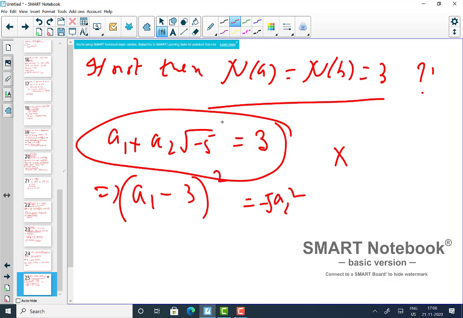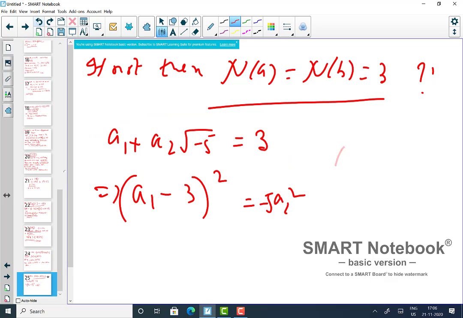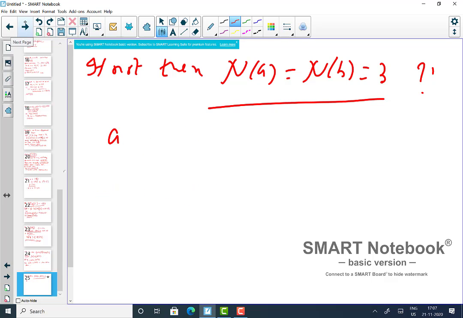So there is no element of this norm. Clear? Yeah, sorry, I made a mistake. So the norm of a is a1 square plus 5 a2 square, that is equal to 3. Yeah, now this is the right equation.